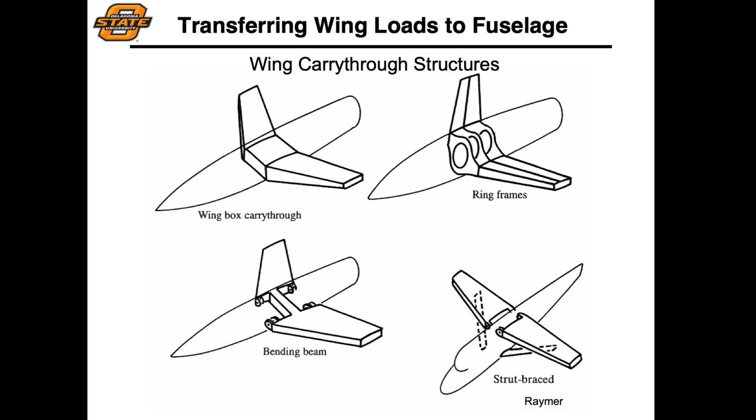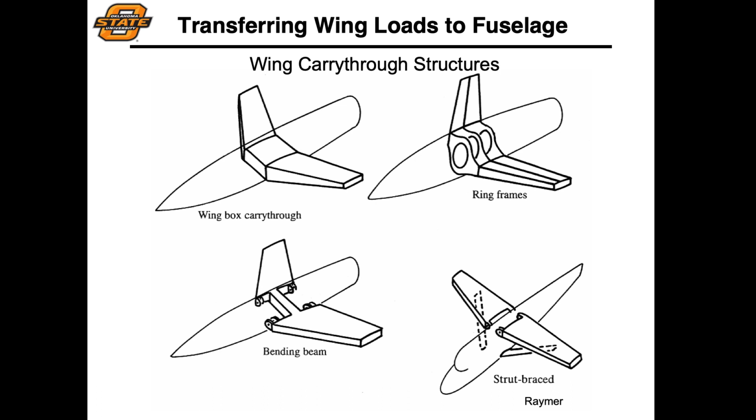Now, there are multiple ways that you can then transfer those wing loads to the fuselage. Traditional approaches include wing box carry-throughs as well as ring frames, where that load is distributed circumferentially around the fuselage.